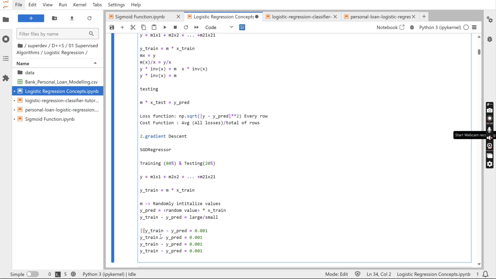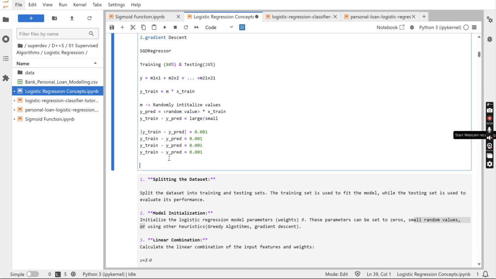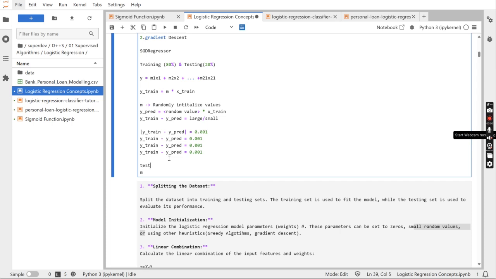Okay, so if that is the case, then the m value that I have randomly initialized is my best m value. Now you calculated the m value based on guessing and trial and error, and you are going to use that m value obtained from training to multiply with the x test data frame to get the actual y prediction value, the new y cap value.